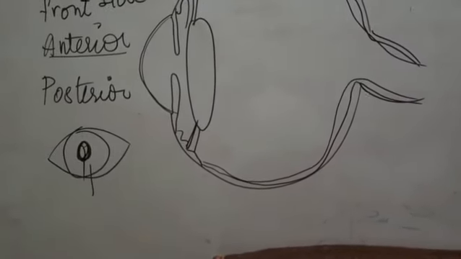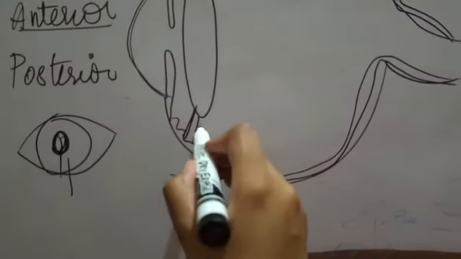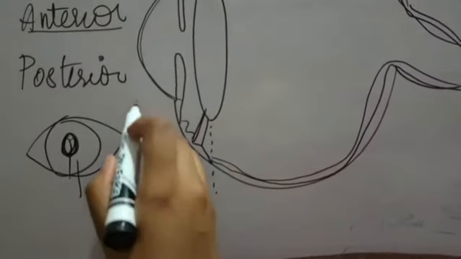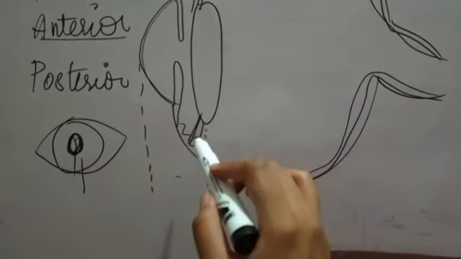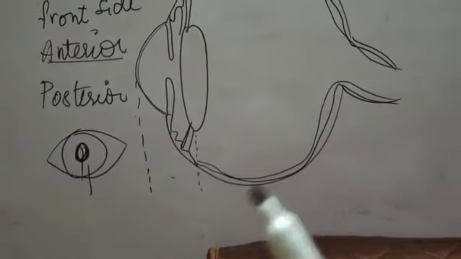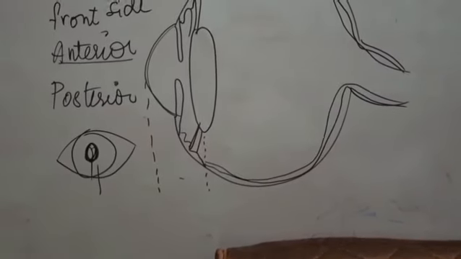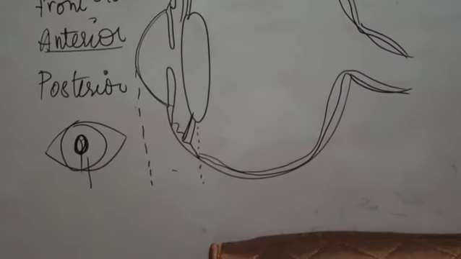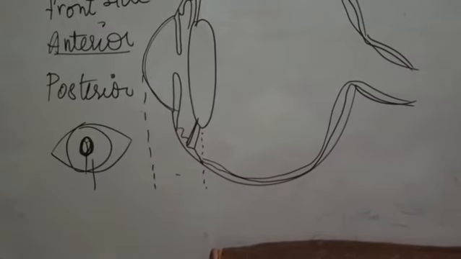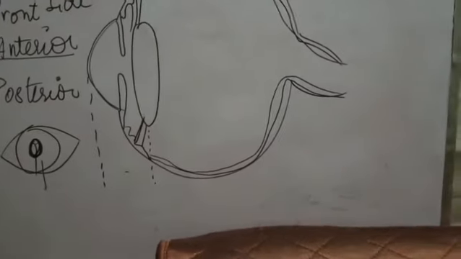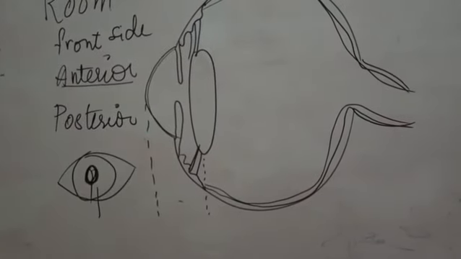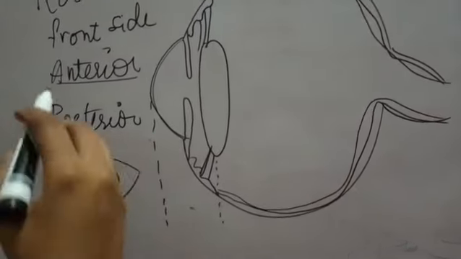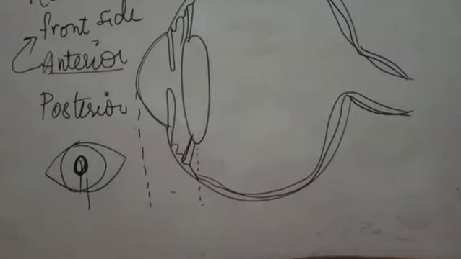So up to the lens we are able to see the structures, except for the ciliary body. In order to see the ciliary body, we use gonioscopy, right? So this is something else. But the structures that can be seen from the front, or that lie on the front side, are basically the anterior structures, right?